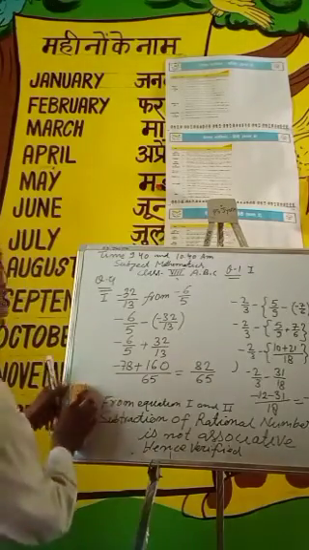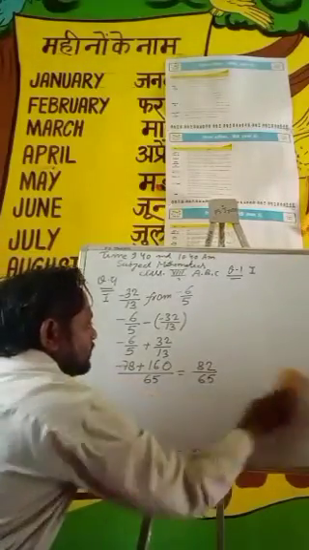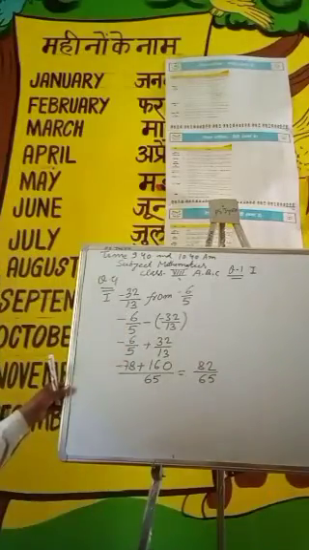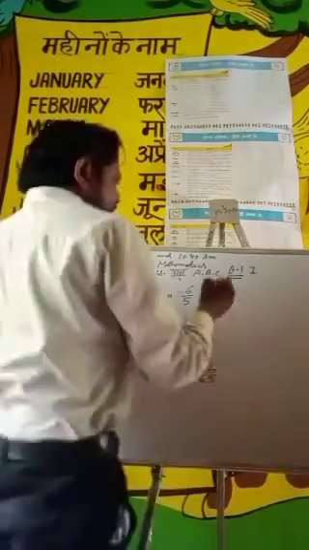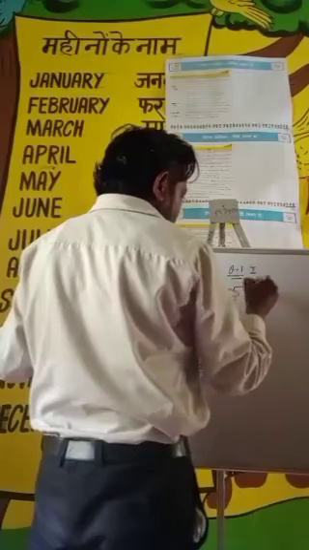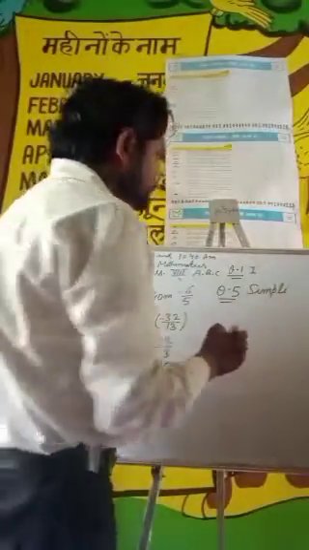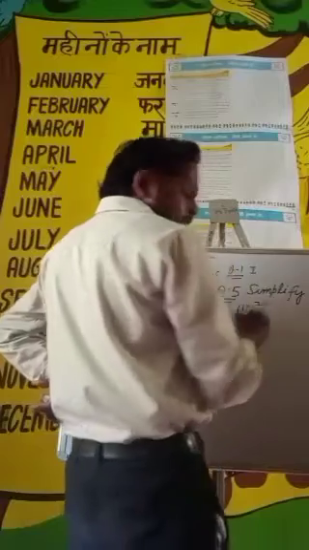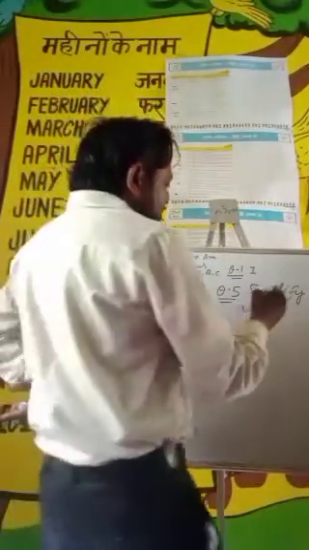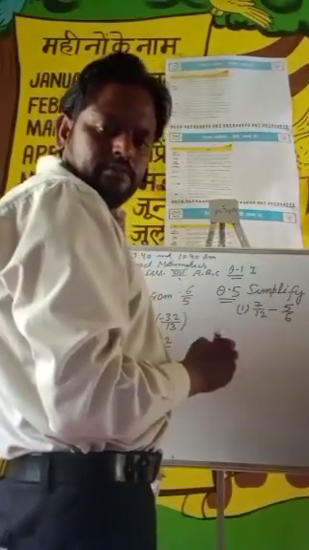Now, question number 5. Simplify 7 upon 12 minus 5 upon 6 minus 1 upon 8.